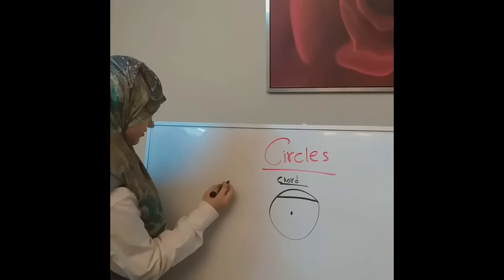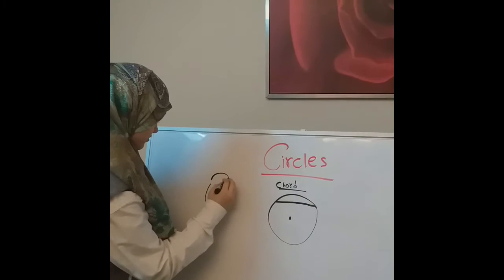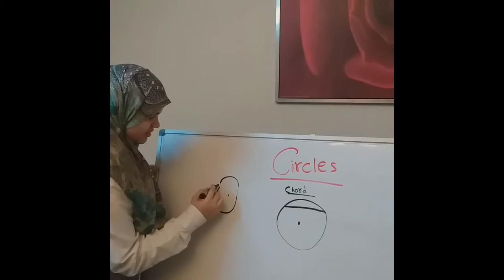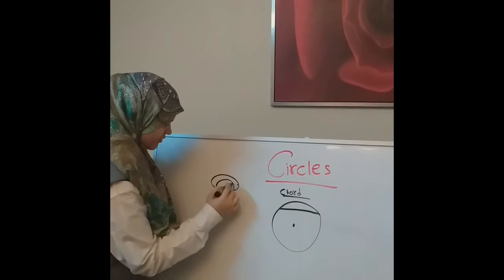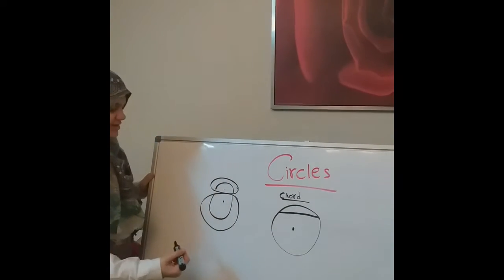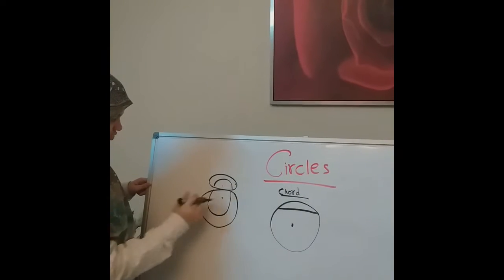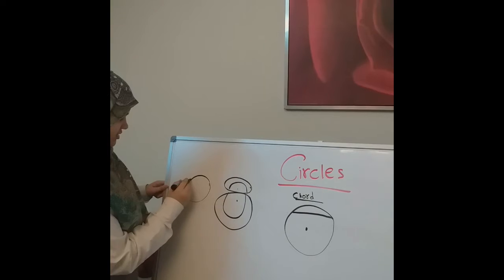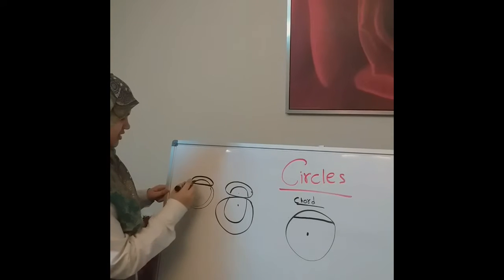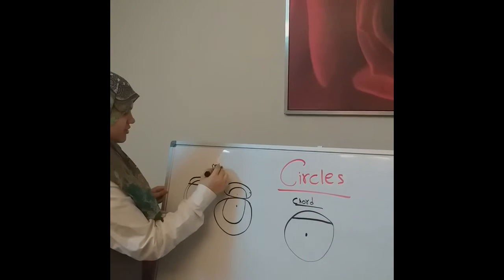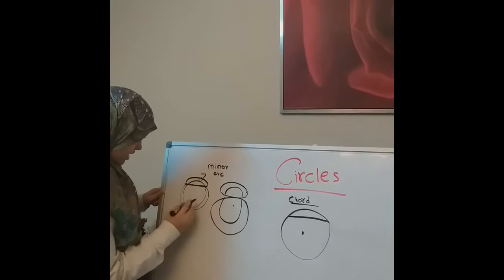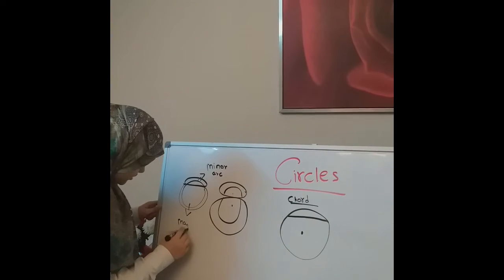It's not a full circle, but when you see the small curve of the circle and the big curve of the circle, the small one is called the minor arc, and here it is the major arc.